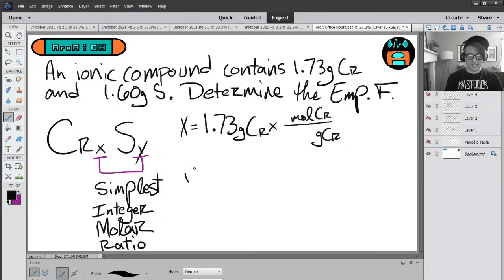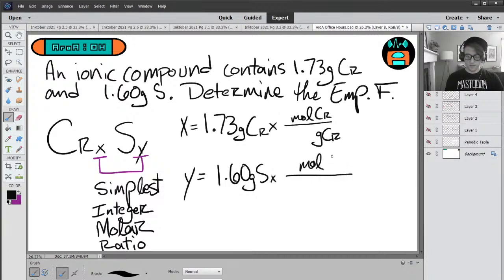We have to do the same thing with sulfur. We take our mass of sulfur, moles of sulfur, put grams of sulfur in the denominator. I happen to know the atomic mass for sulfur off the top of my head. It's 32.07. I need to look up the atomic mass for chromium.